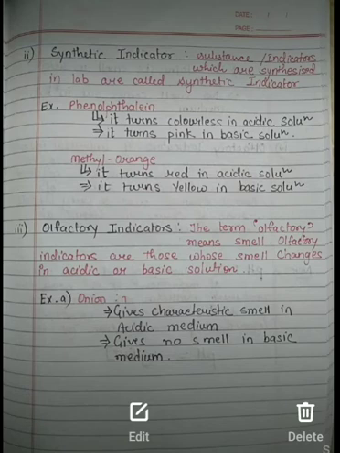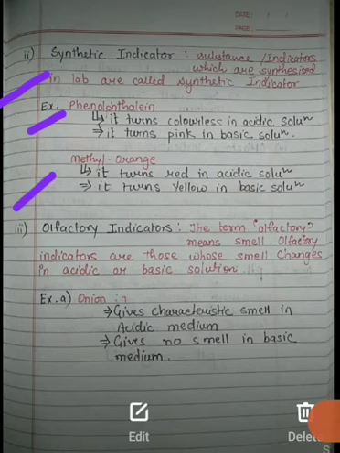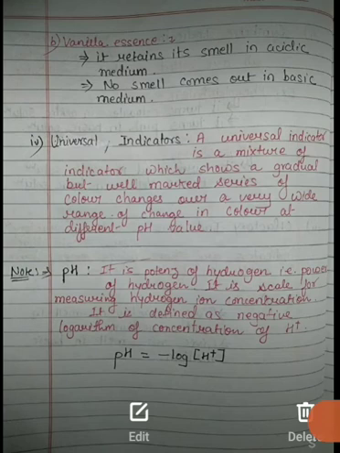Now talking about synthetic, they are prepared in lab, for example phenolphthalein and methyl orange. Olfactory means smell, that is, those whose smell changes in acidic or basic solution, for example onion, vanilla essence, clove oil, etc. And now at last we have discussed the universal indicator.